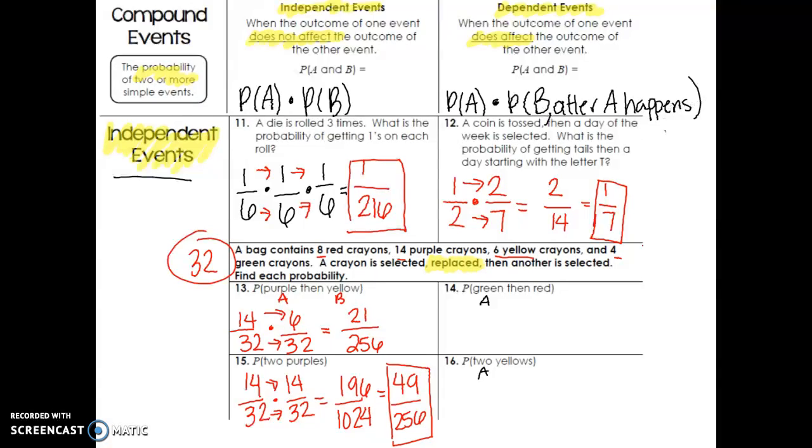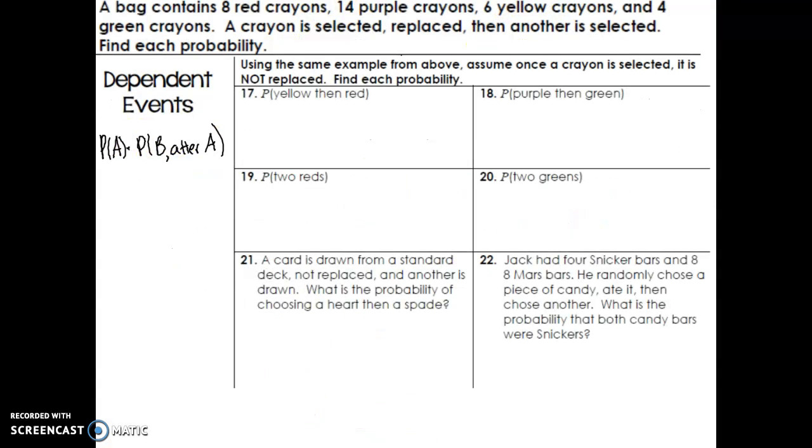So let's take a look at some of those examples. We are actually going to keep using that same bag with those same number of crayons. However, this time for dependent, it's going to say that once a crayon is selected, it is not replaced. So I want you guys to box that or highlight it.